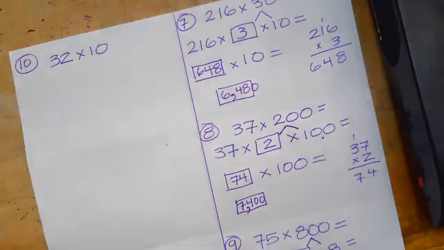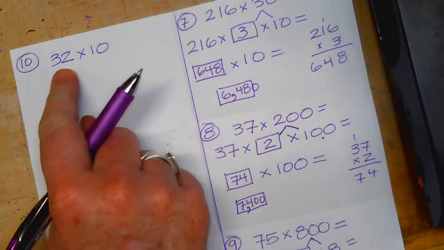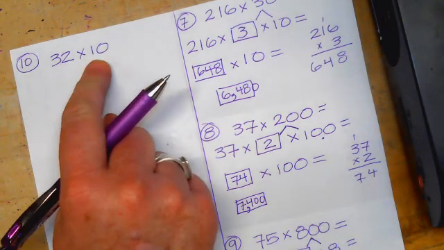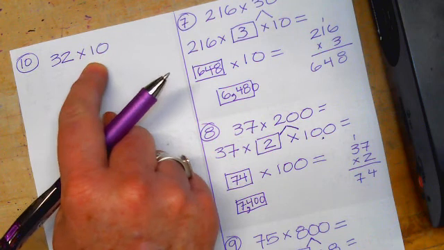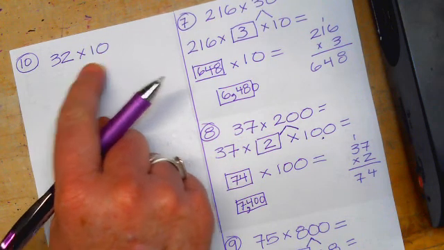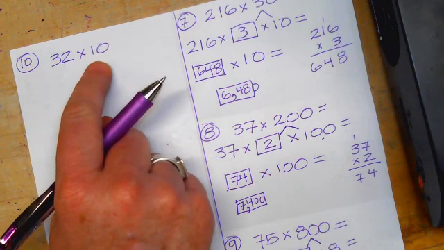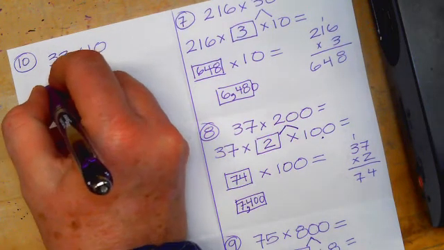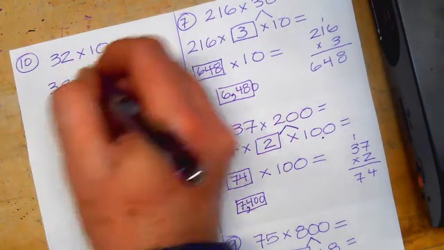So on number 10, if I take 32 times 10, I can basically solve this problem pretty easily by taking, this is already a 10, there's no other digit there.